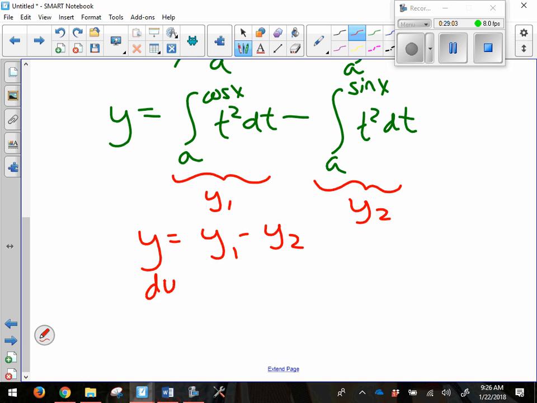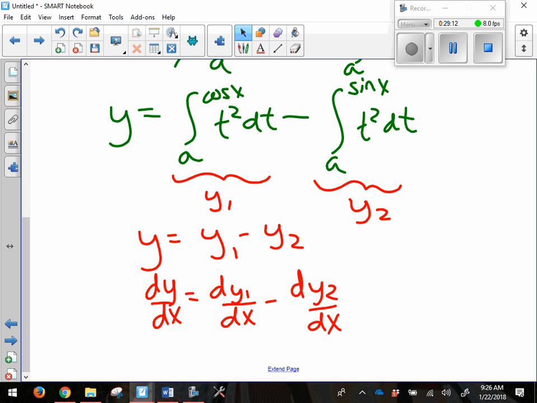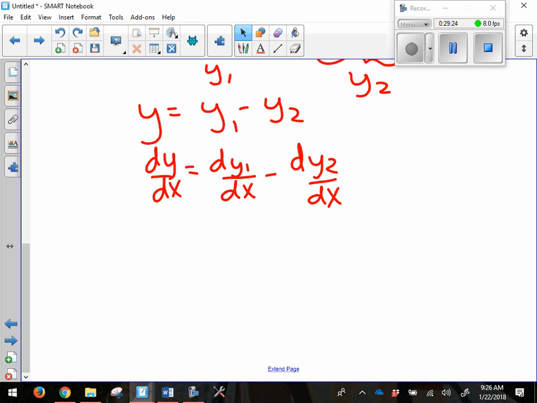And then dy/dx is going to be dy1/dx minus dy2/dx. Just because it's easier than doing both of those parallel going all the way down, especially because we're going to have to use different substitutions for each one.